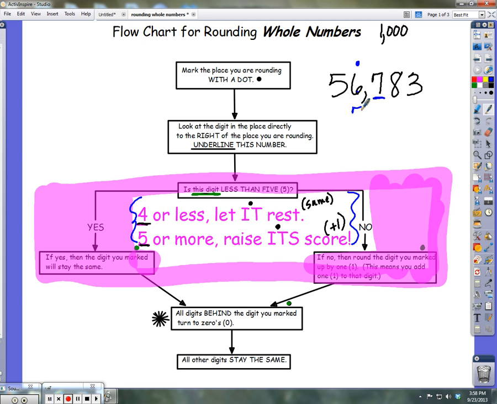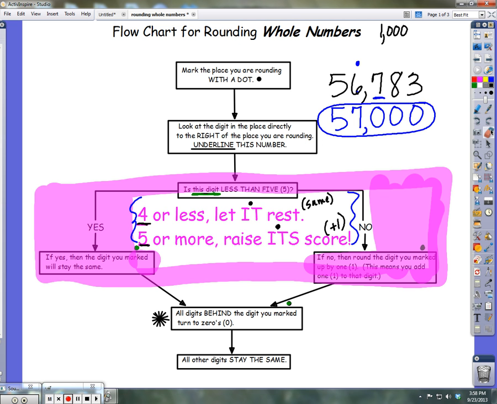So the 6 becomes a 7. Next step, all digits behind the one you marked, to the right, turn to zeros. So I have 3 digits that have to be replaced with zeros, and all other digits stay the same, so the 5 will stay the same. So 56,783 would be rounded to 57,000.